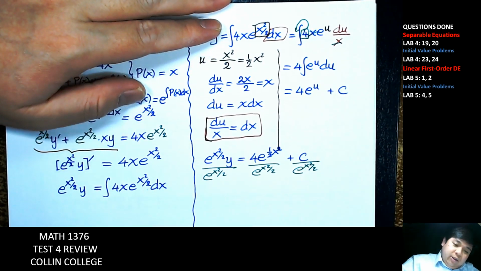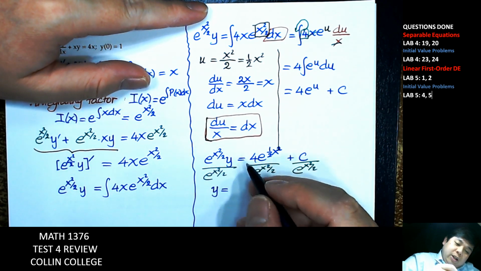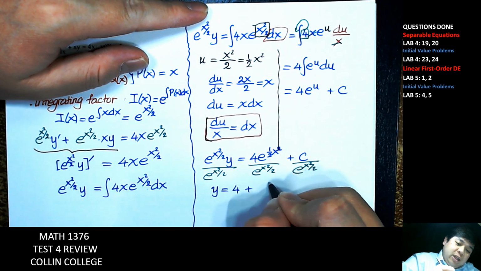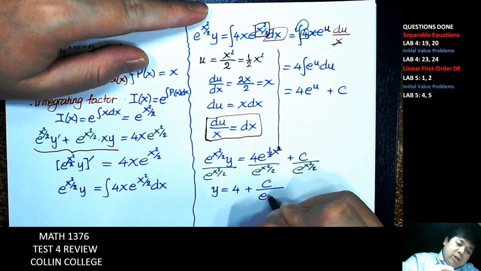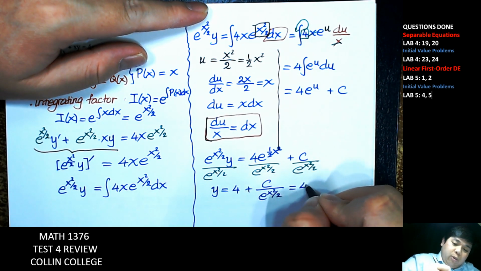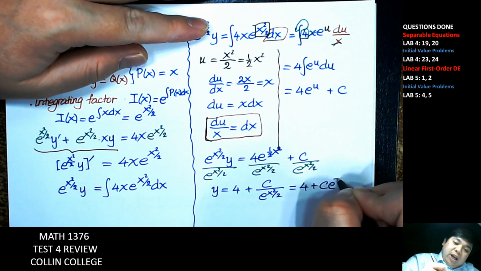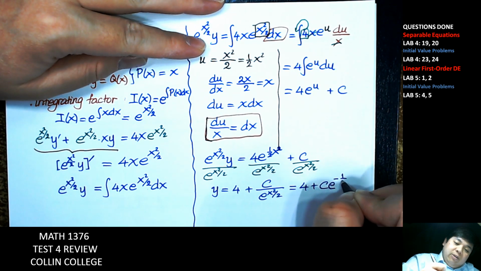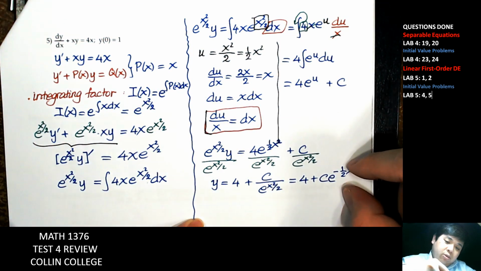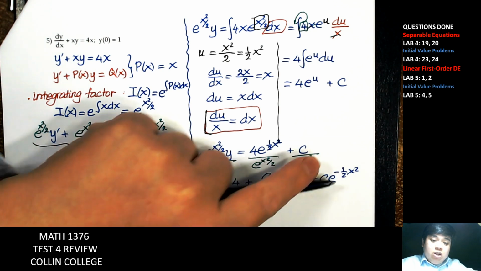We will have y equal to, those two cancel out, we just have 4 plus c over e to the x squared over 2, or 4 plus c e to the negative 1/2 x squared. So x squared over 2 or 1/2 x squared is the same. Just have the negative there.